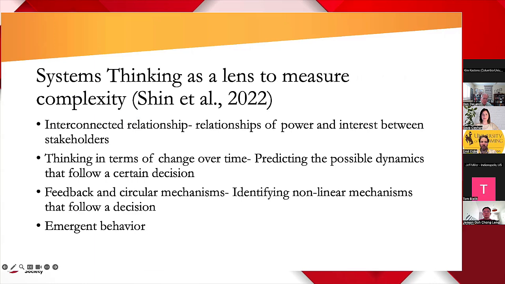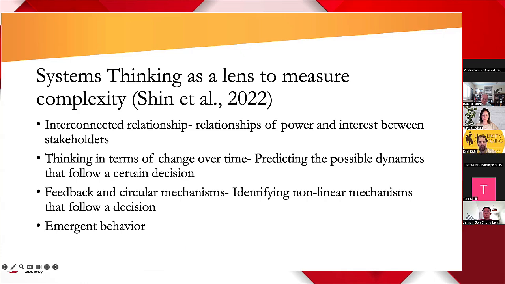So here's an example of how a systems thinking lens can be connected to socio-scientific issues. When we talk about interconnected relationships, in the SSI context we can think about relationships of power and interest between different stakeholders, and how those sometimes conflict or perhaps overlap.